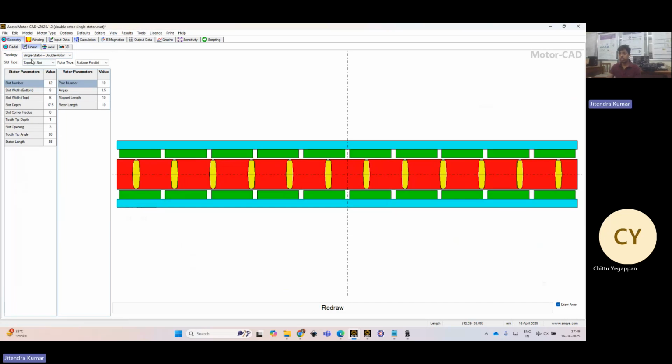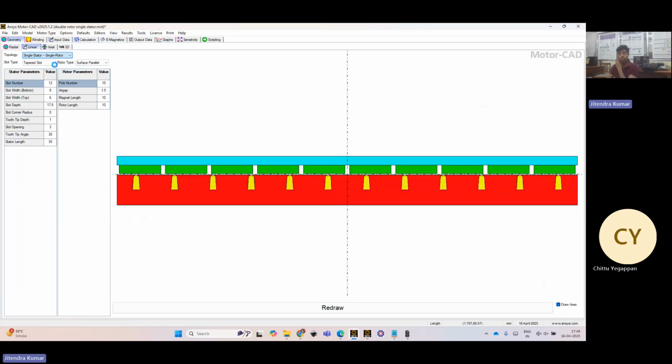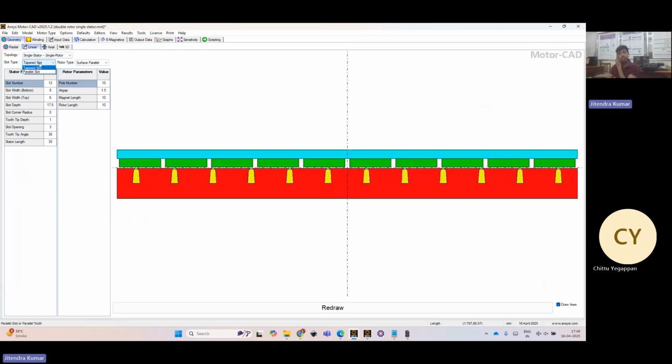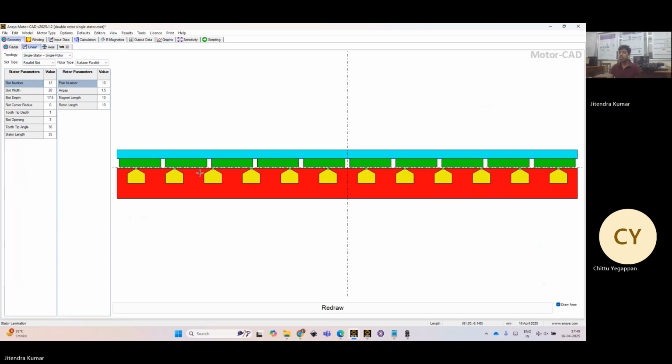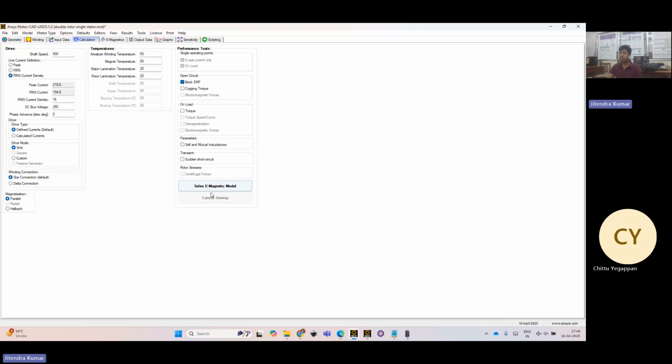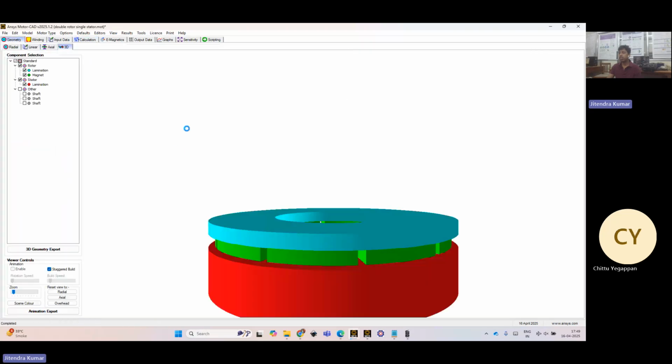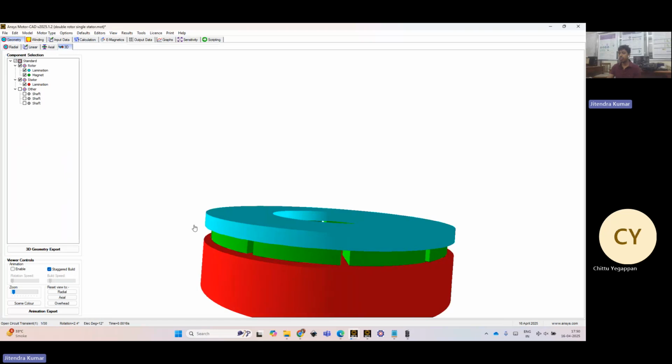And the other drawback, note this, let us see the other topology, single stator. So this is single stator, single rotor. Fine? Now, if we see here, this is the geometry for this single stator, single rotor.